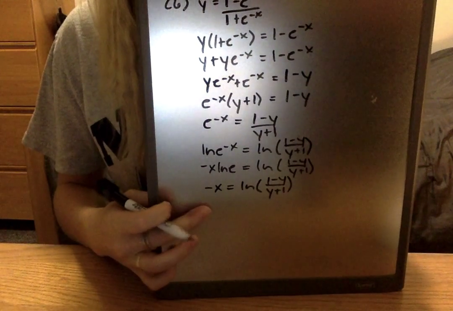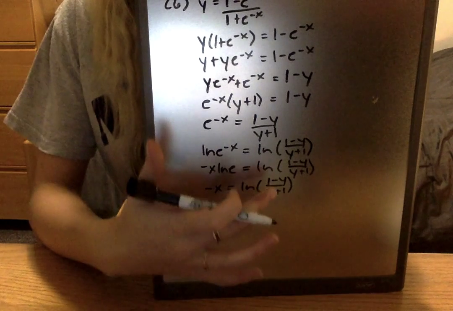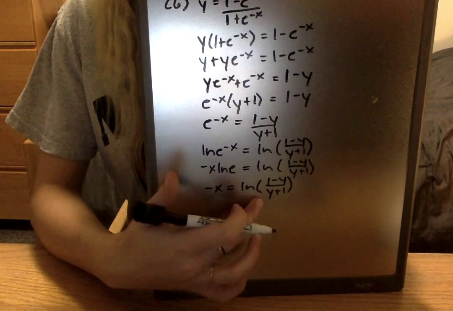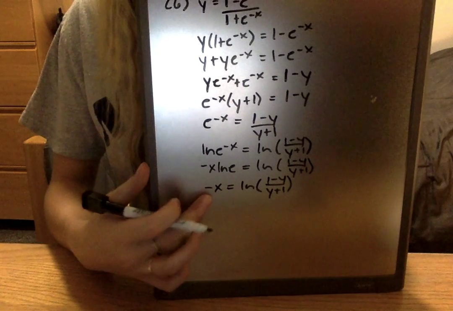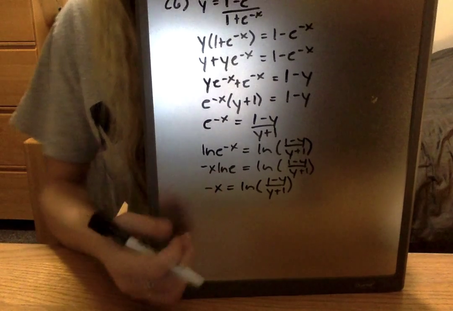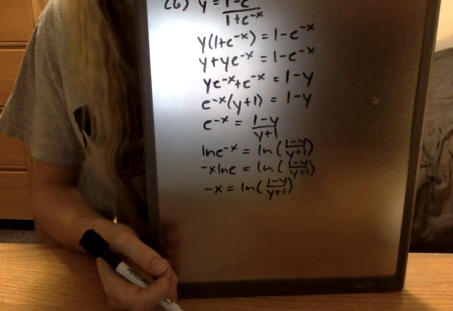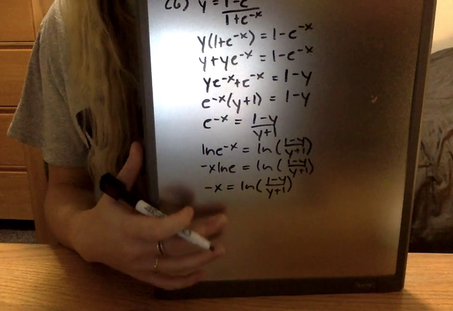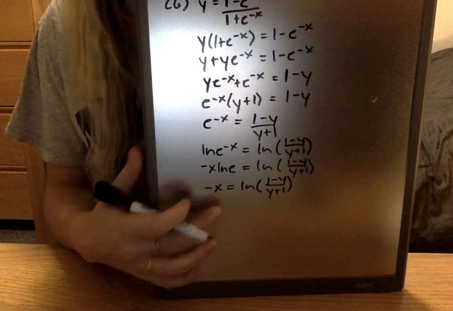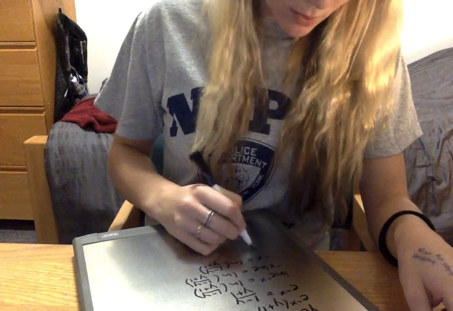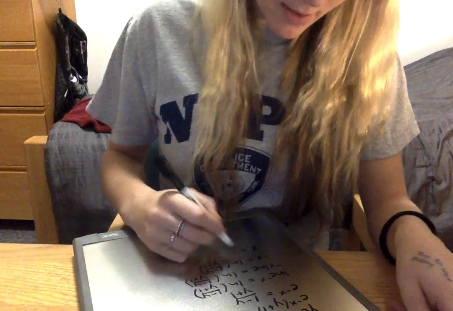So we have negative x equals ln of (1 minus y) over (y plus 1). That negative x was just multiplied by the 1 that was formed by that ln e. So you could leave it as this, or you can get rid of that negative. So you can multiply each side by that negative.